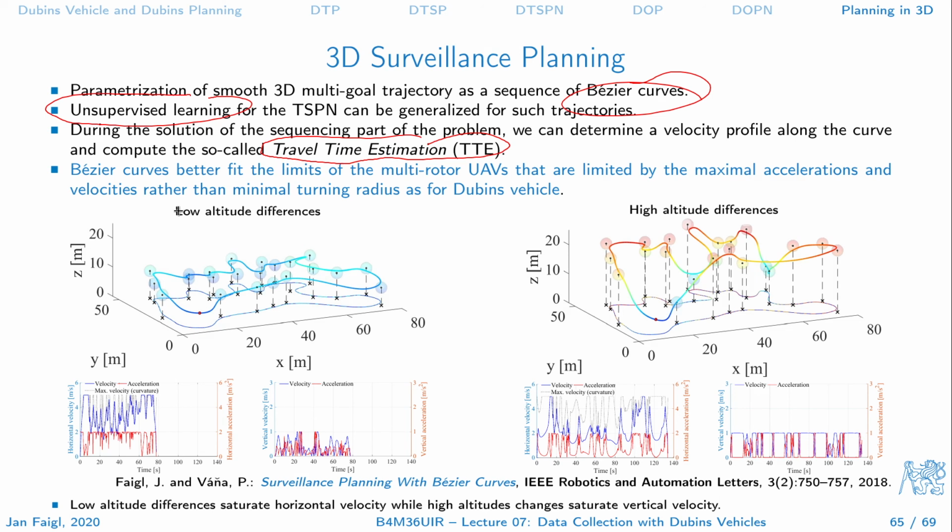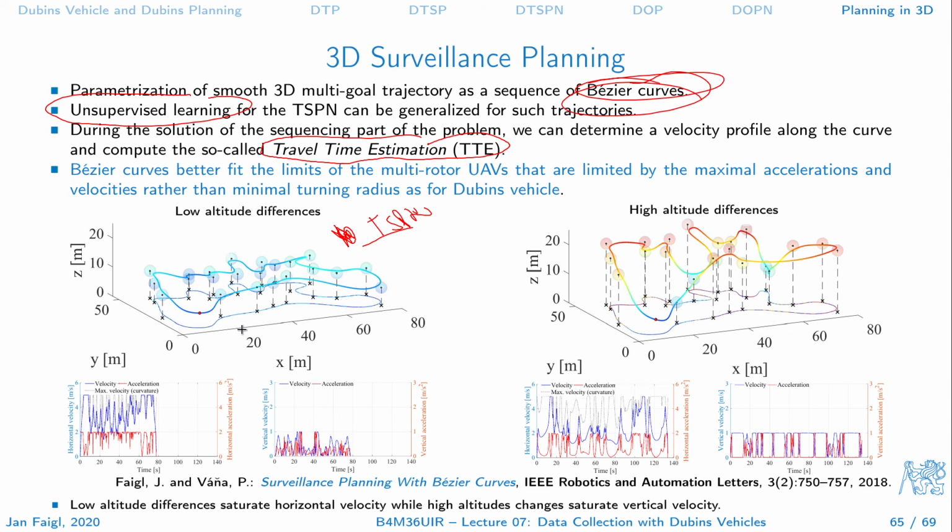We are able to solve this problem, which is a variant of TSPN. I will not say Dubins, but curvature-constrained TSPN with Bezier curves. The curvature constraint is a little bit tricky here, but in the end it is a smooth path because it's a Bezier curve.